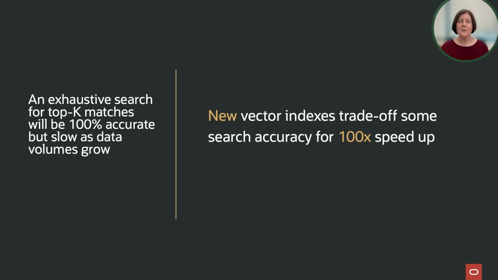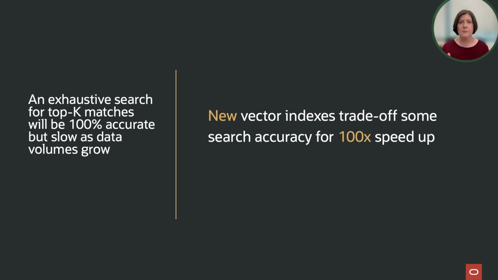Now, everything we've spoken about thus far, we've talked about comparing your input vector to all of the vectors in the table, measuring the distance between them, and returning the top matches for your query. We call that an exhaustive search because we're really looking at every single vector in the table.